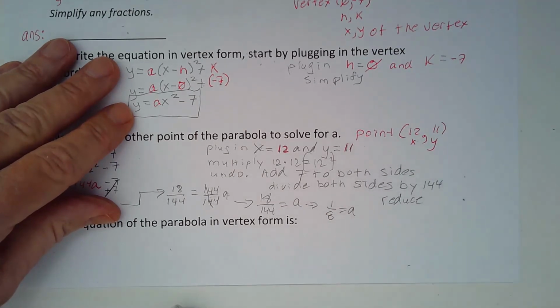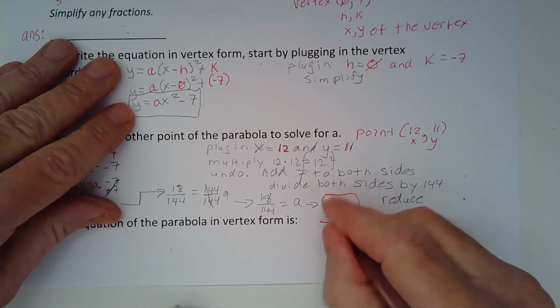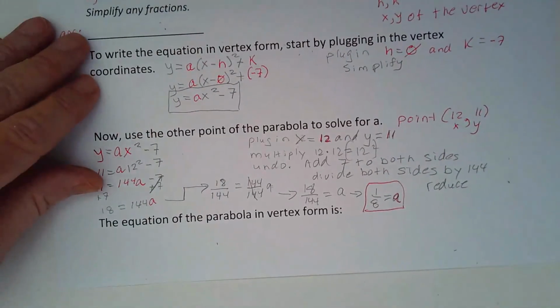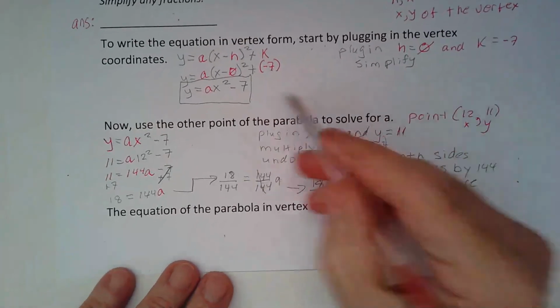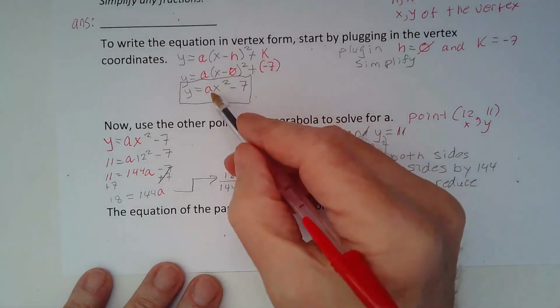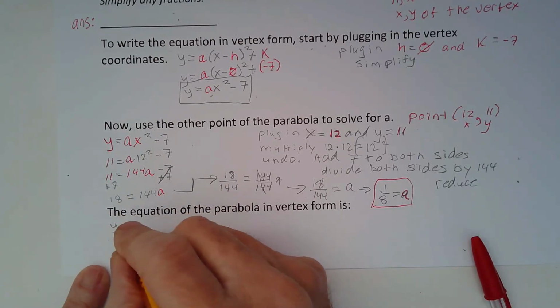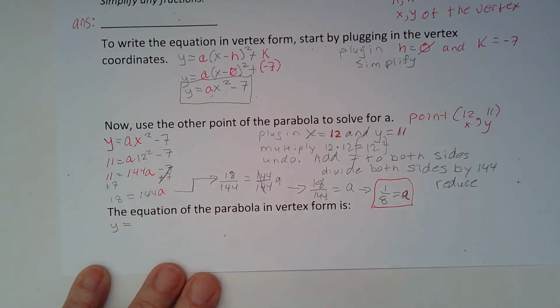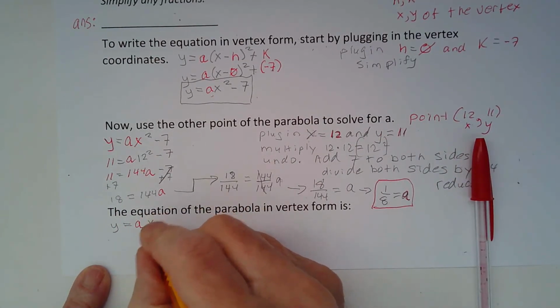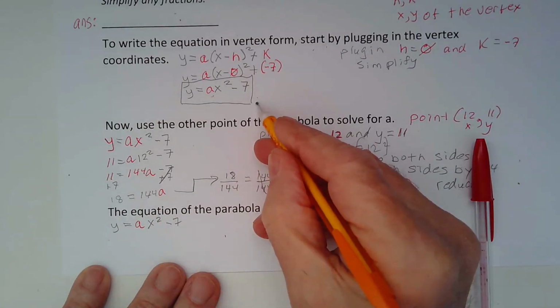Now when I say our answer, that's what we're going to plug into our first equation. That was this one, the vertex equation. I want to plug in 1/8 for a up here. All right, so let's rewrite the equation. y equals a times x squared minus 7, which is exactly the equation that's up here.